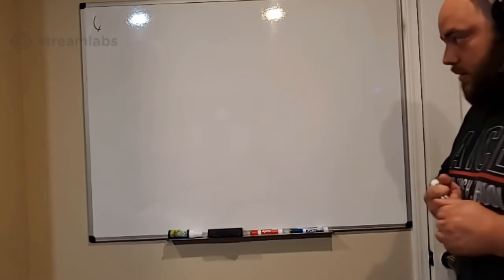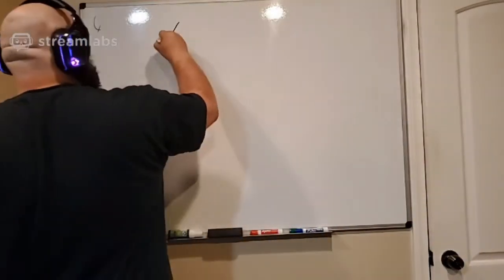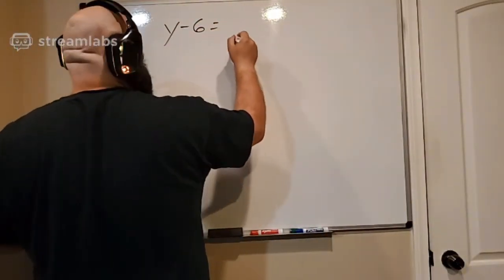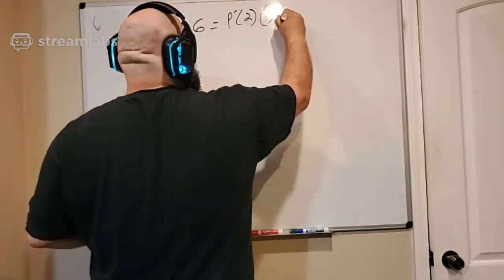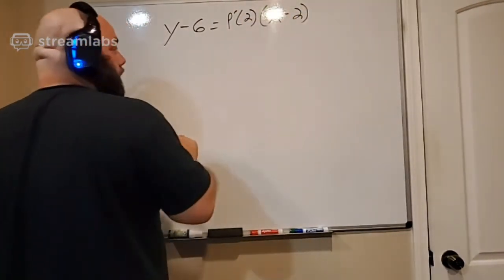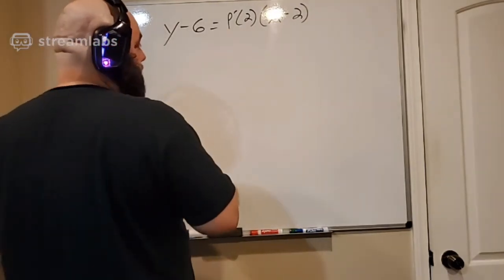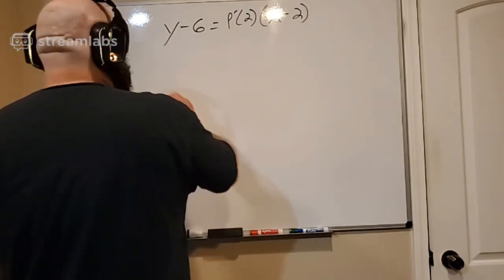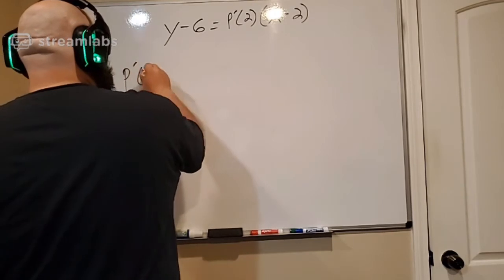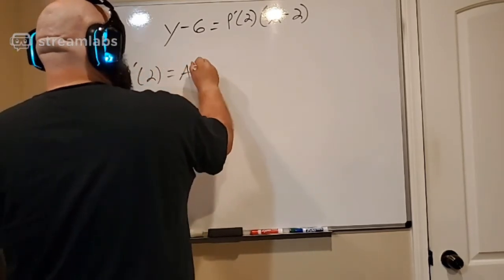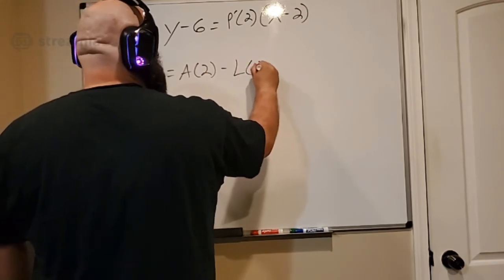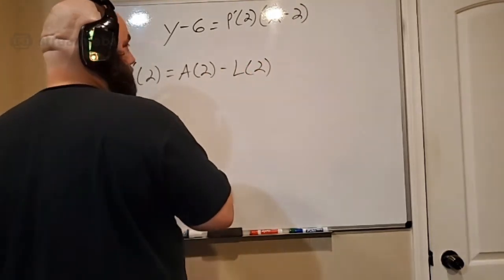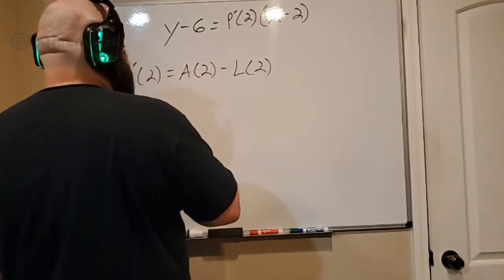And then we can do p prime of 2, and then x minus 2. The hard part is finding this p prime of 2. But we have to remember that p prime of 2 will be equal to A of 2 minus L of 2. Whatever that is, because it's a very weird equation with sines and cosines and stuff.